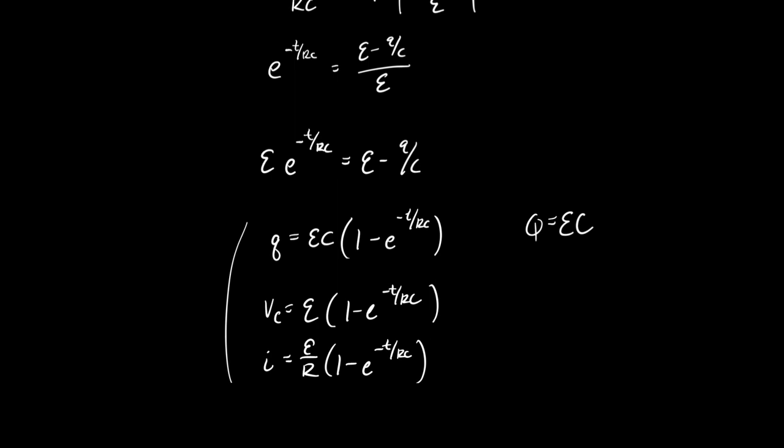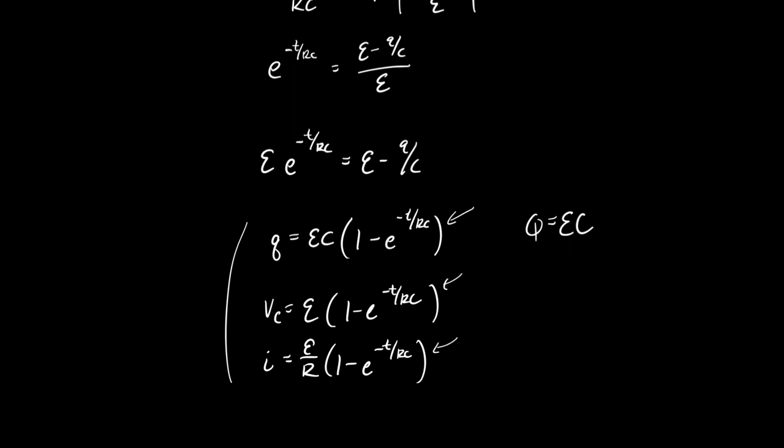So this says that the charge starts at 0 at time 0 and increases to a maximum. This says the voltage across the capacitor starts at 0 at time 0 and increases to a maximum. This says the current in the circuit starts at 0 and increases to a maximum.